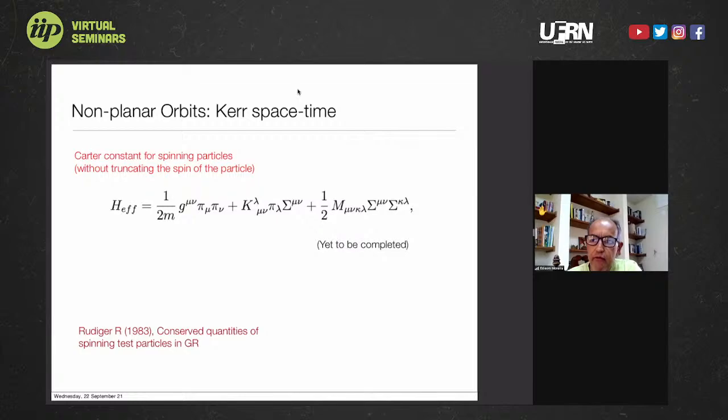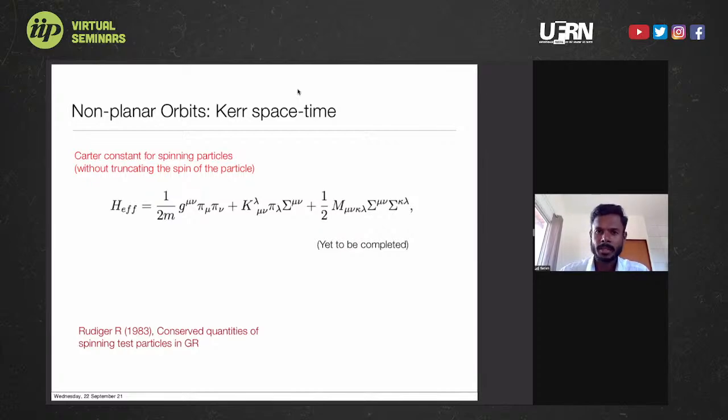Well, in the other approach, like Mathis and Petrov, people have been looking at it, even for spinning particles, studying this Penrose process in the ergo region. I think it's one of my interests to look at that problem in my approach.